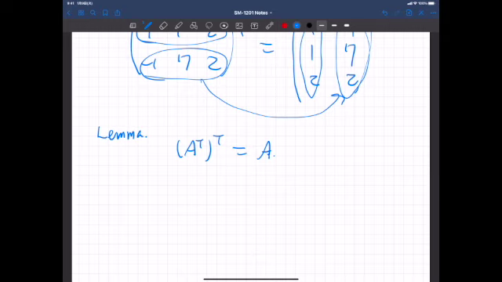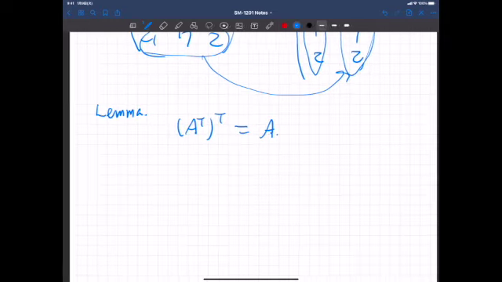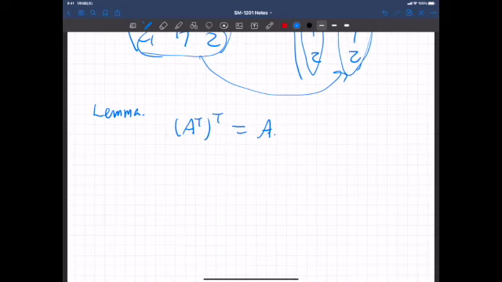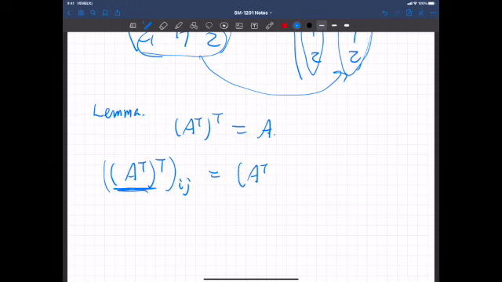I think this should be quite trivial, but let us prove it, which is actually quite easy. So, transpose of transpose. Let's say we pick the ij element of this. Then by definition, it is the ji element of A transpose.